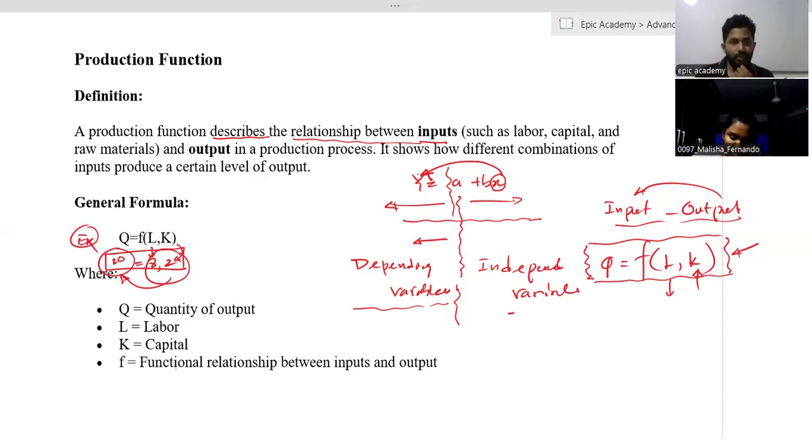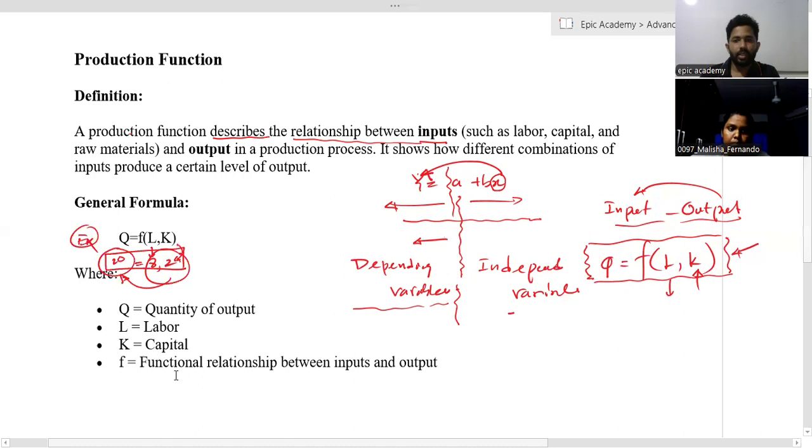So that's the meaning of production function. Okay, it's not a high-level thing. It is just a simple concept. But this concept is very useful to identify the behavior of the organizations. That is why we are going to consider this one. Okay, I think you got the main idea related to the production function.